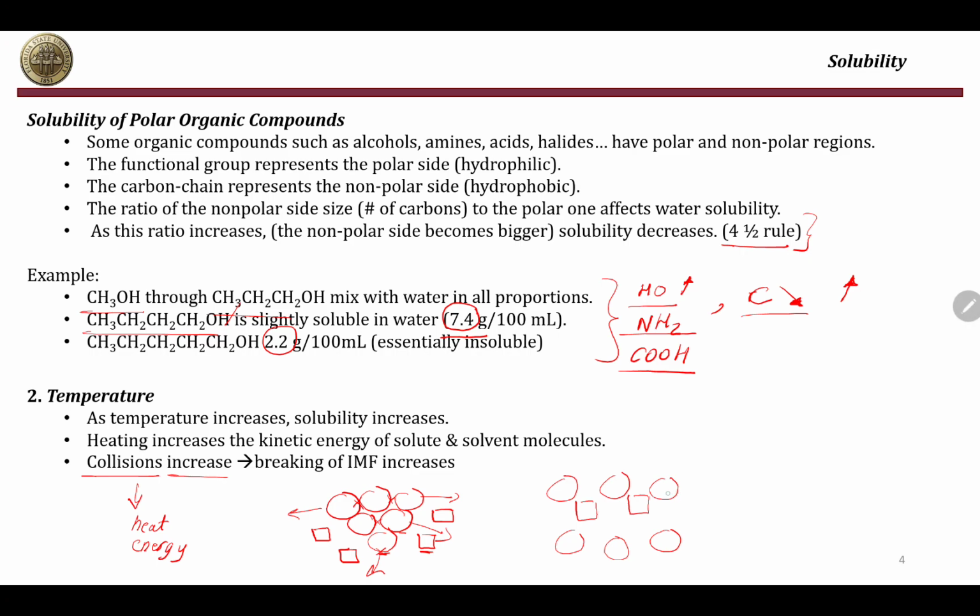And by pulling the solvent molecules away from each other, the solute molecules can now get in between, and they will get solvated. So basically they will be surrounded by more and more of the solvent molecules, and this is how solubility and dissolving occurs.